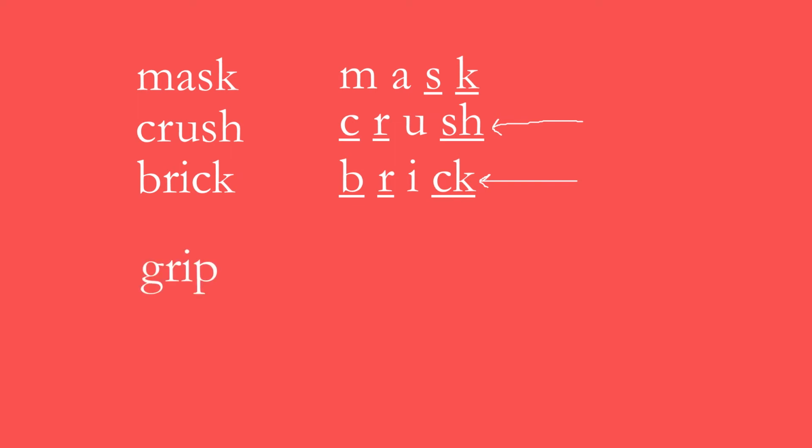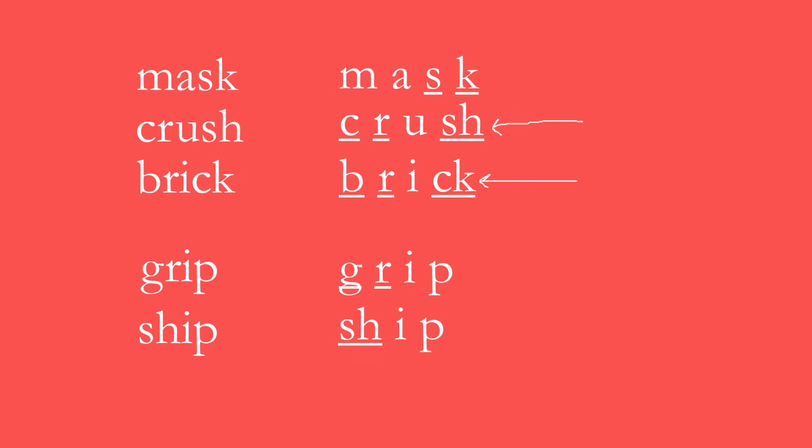Here's another one. Grip. What are we going to do here? Well, G and R are a blend, so the G and the R get their own underline. That's how we mark a blend. The next one is ship. S and H are a digraph, so they get one underline.